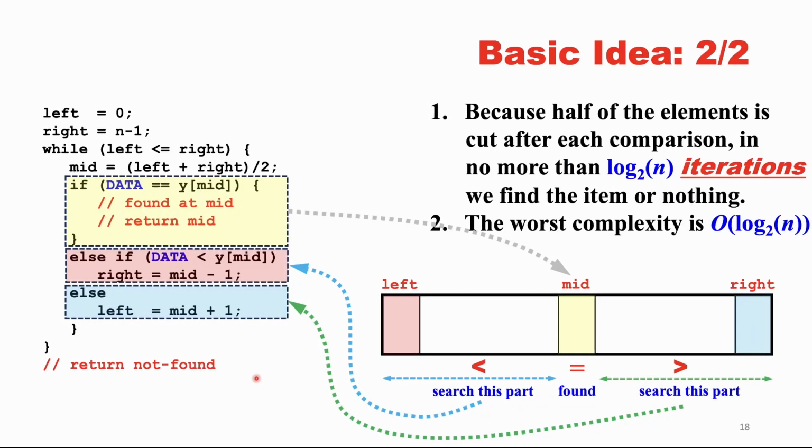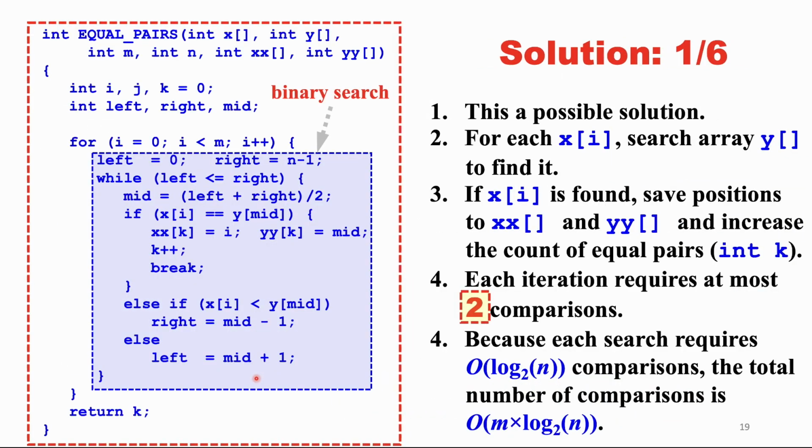So we could use this idea to improve our naive solution. It's pretty simple. The outer for loop is the same, the i loop. For i from 0 to n minus 1, we have an xi. And this is binary search.